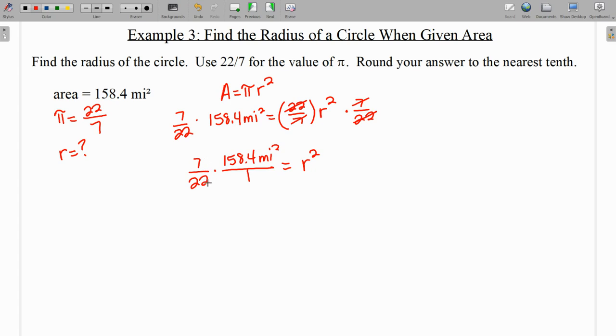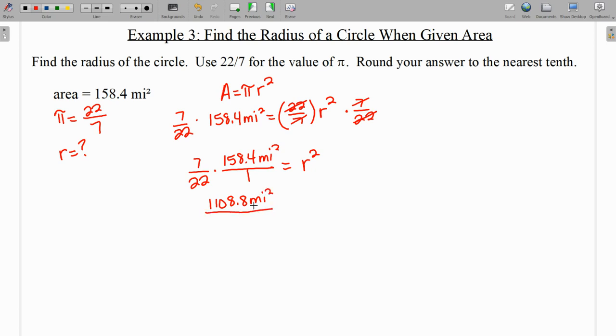Now, from here, I need to go ahead and multiply the numerators together and the denominators together of these fractions. So in my calculator, I'm going to type in 158 and 4/10 times 7, and that's going to give me 1,108 and 8/10 square miles.